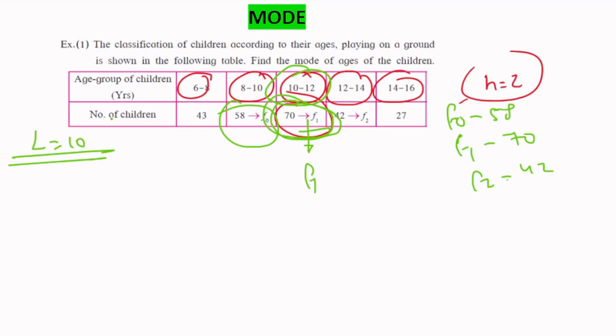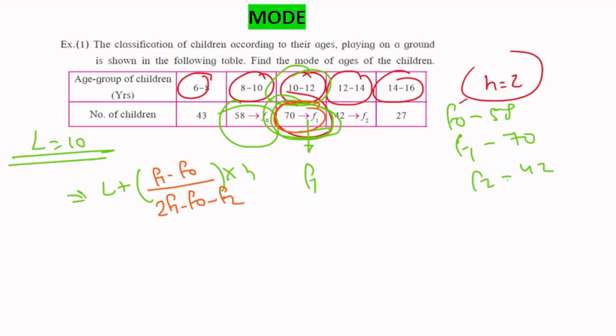Now you have all the details, but you have to remember the formula to write it. You remember the formula of the median? Same thing you have to write. Simply write L plus, in the bracket something, into h. In the bracket, first f1 minus f0, the previous one. The denominator is also f1 minus f0, with twice f1, and subtract the same f2.